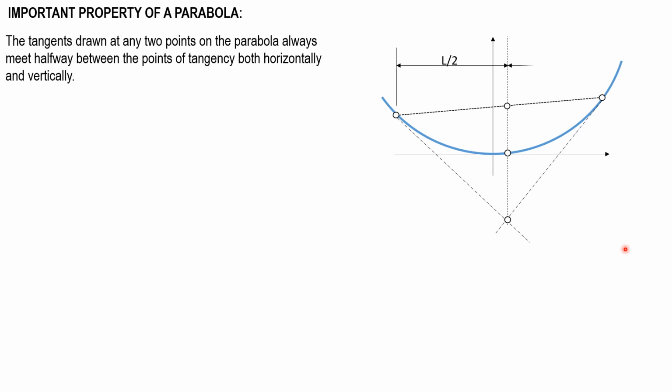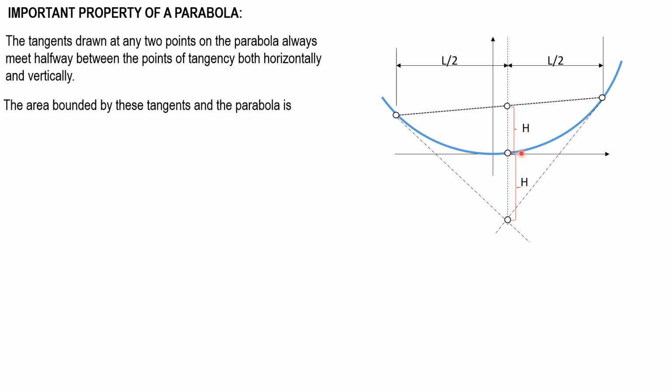So it should be L over 2, and that should also be L over 2. That should be H. This should also be H. I hope that you can remember that property of parabolas. So that's the second property.